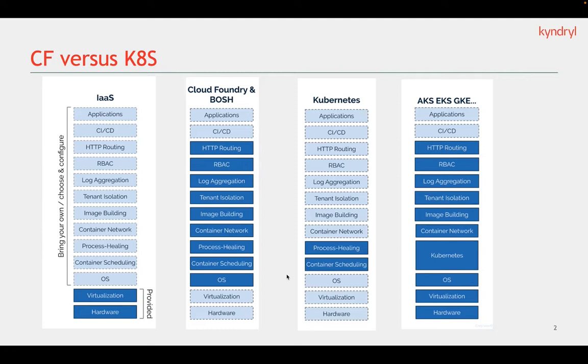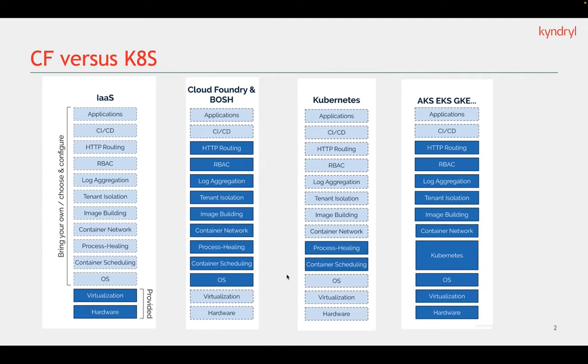Obviously, in an IaaS, there are some core capabilities provided close to the hardware, even the virtualization level. Above that, it's effectively bring your own application, as well as how to provide networking, integrate RBAC and authorization, and deploy and scale. All those are brought by the user.